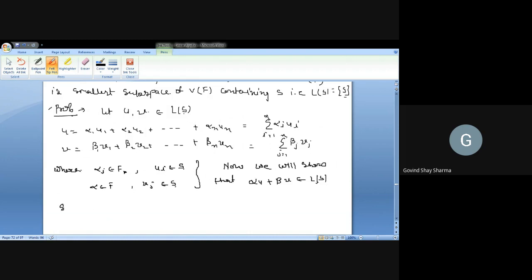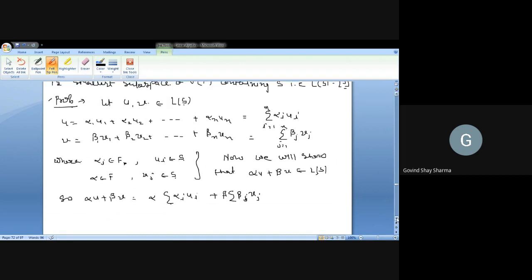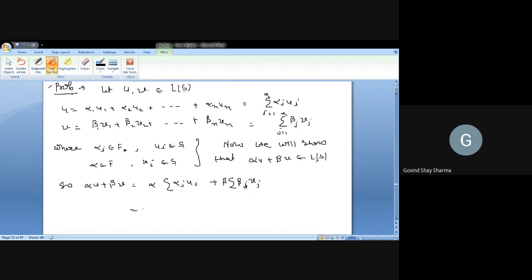So alpha u plus beta v is equal to the sum of alpha alpha i u i, we put the value of u i, plus beta beta j v j, this type of value. Now the multiplication and summation.